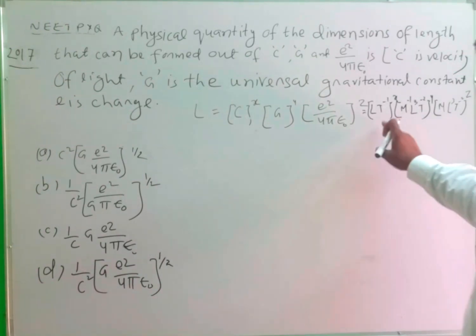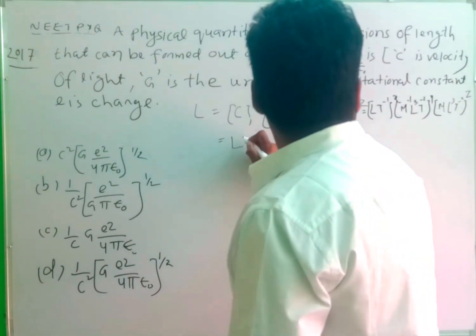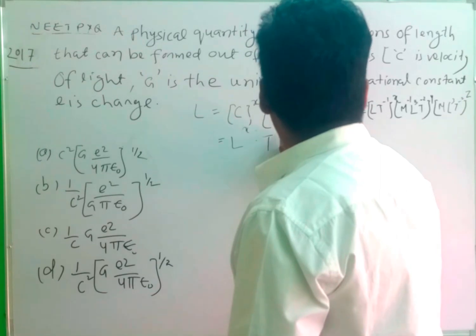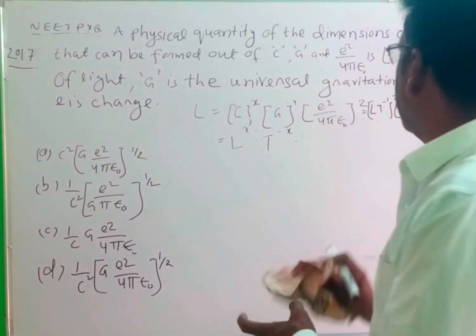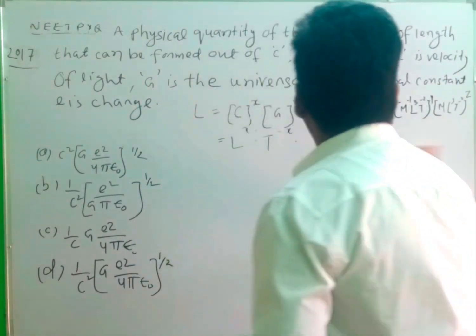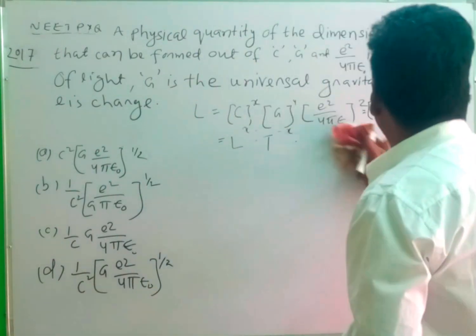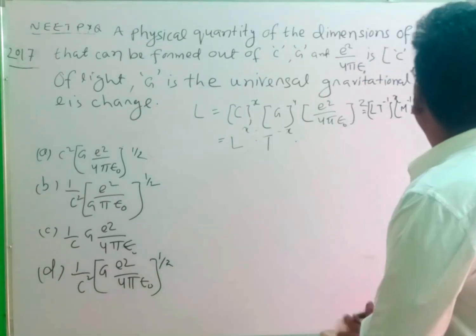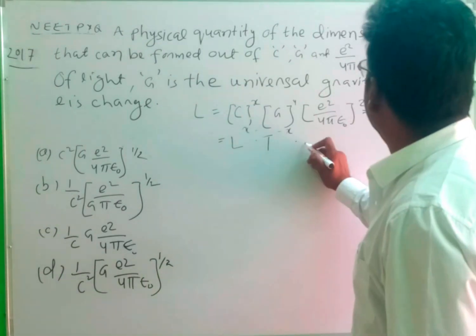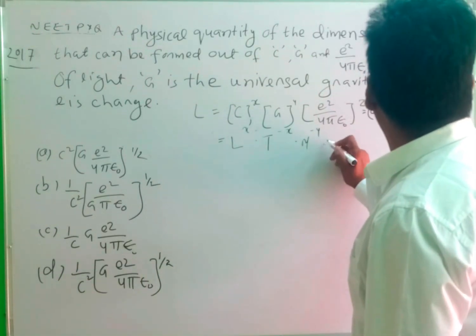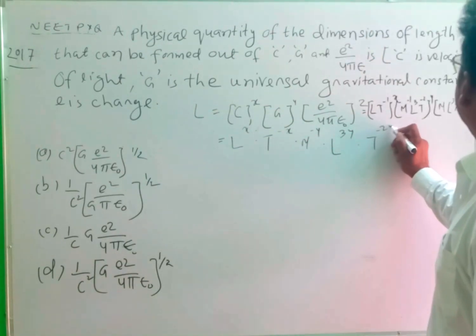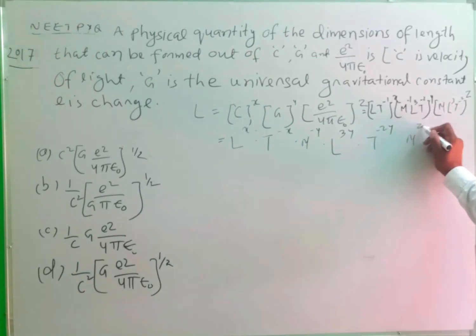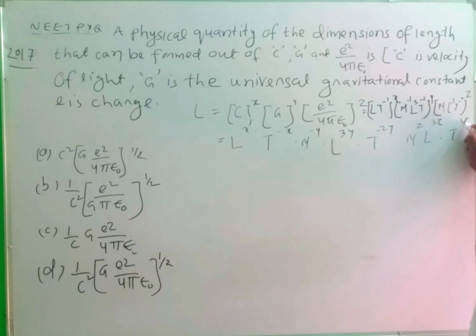Okay students, then this becomes L to the power x into T to the power minus x, into M to the power minus y into L to the power 3y into T to the power minus 2y, into M to the power z, L to the power 3z into T to the power minus 2z.